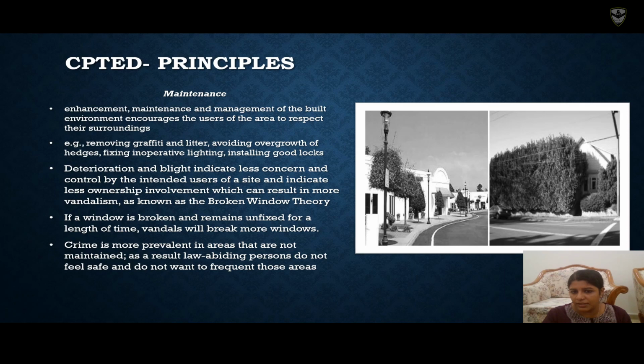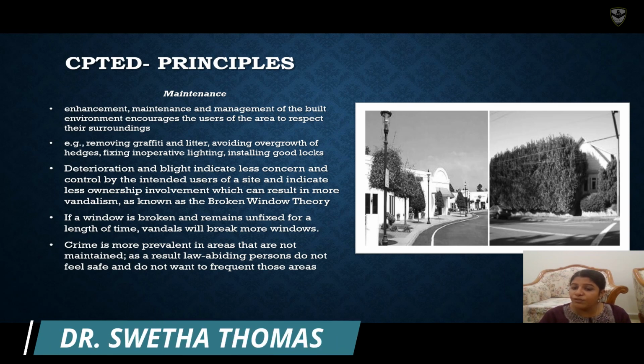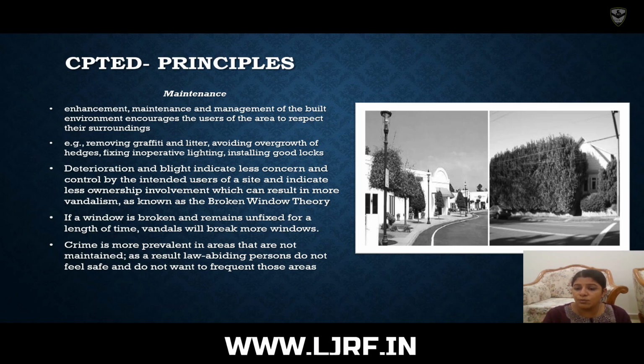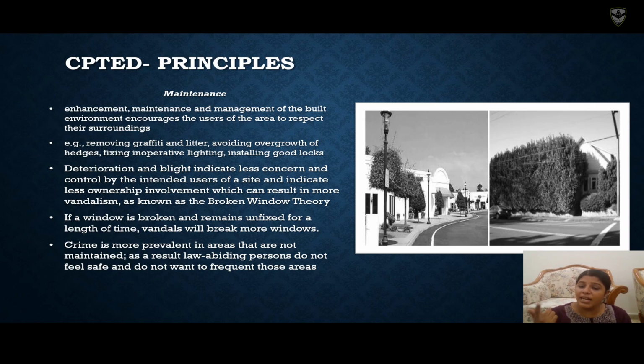The trees are well maintained, so there is a proper view from the street to the house as well as from the house to the street. Whereas in the second picture, the trees are not maintained properly, so the view from the house towards the street is limited. The visibility towards the street is limited, so the chances of that particular house being targeted is high.